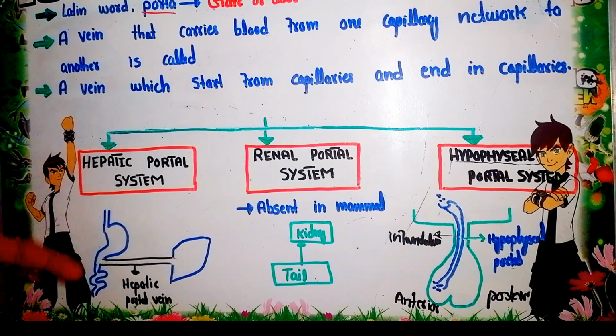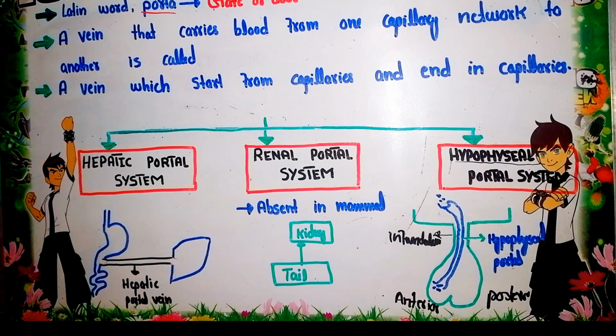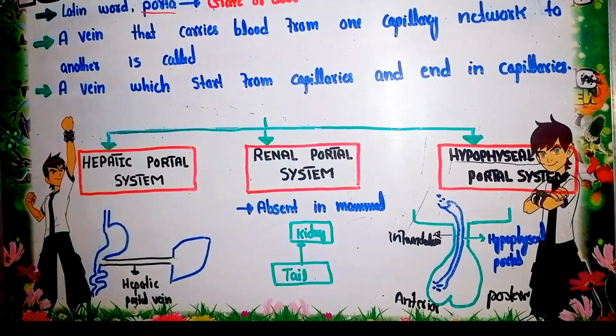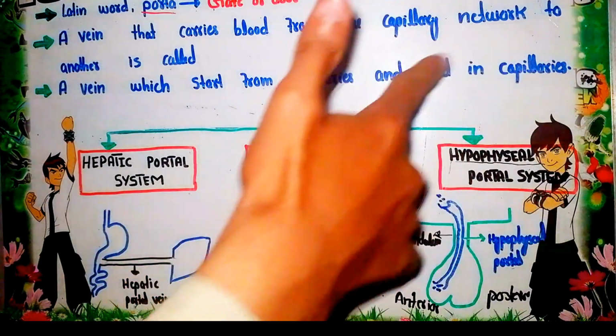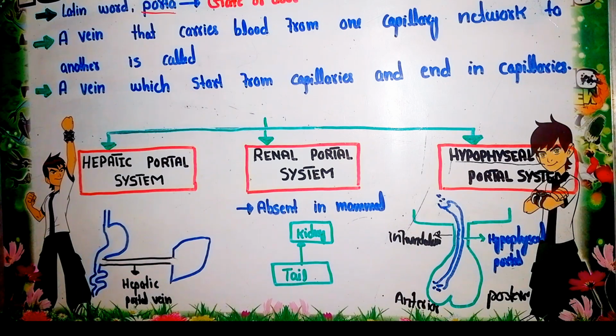As we are consuming different types of drugs, their toxic effects are finished in the liver. Again, this portal system is also important in hormonal regulation, as we can see in the hypophyseal portal system. This hypophyseal portal system regulates the secretion of the anterior pituitary. Now these are some of the importance of portal systems.